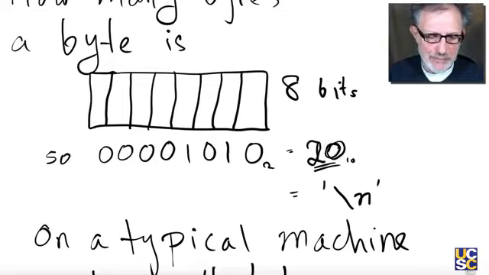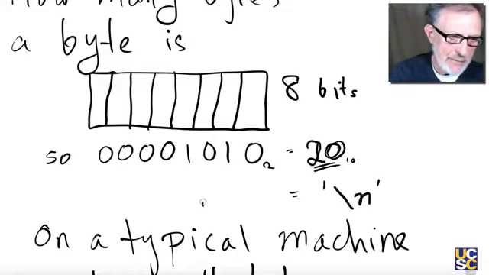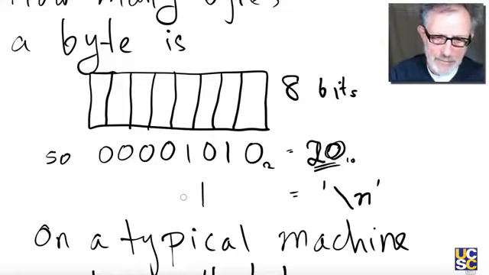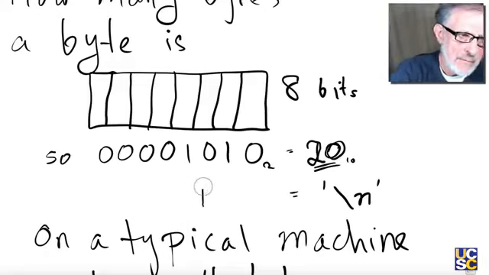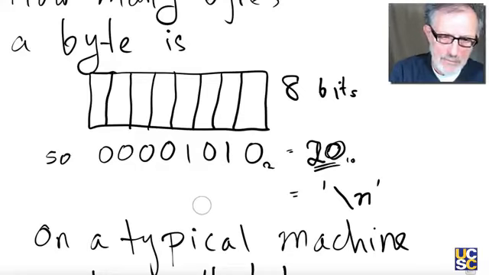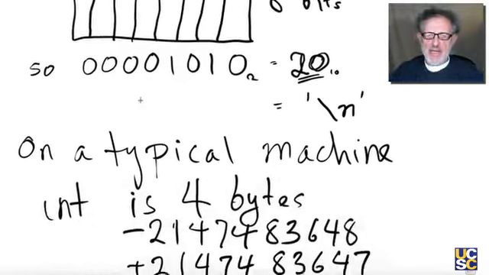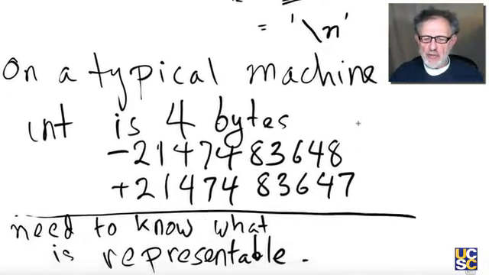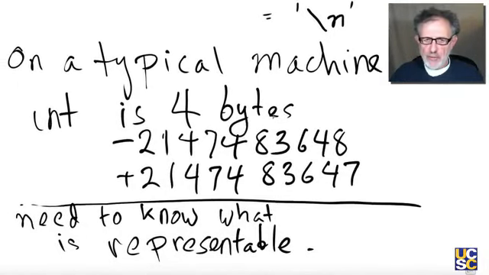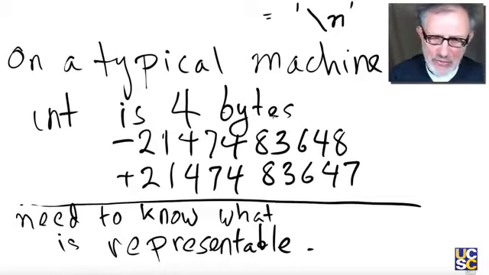On a typical machine, an int is 4 bytes, and an int can be used to represent between roughly minus 2 billion and plus 2 billion. This is more exact.